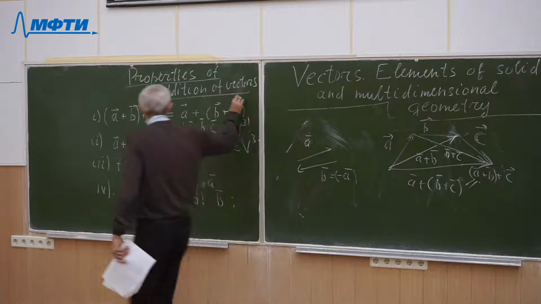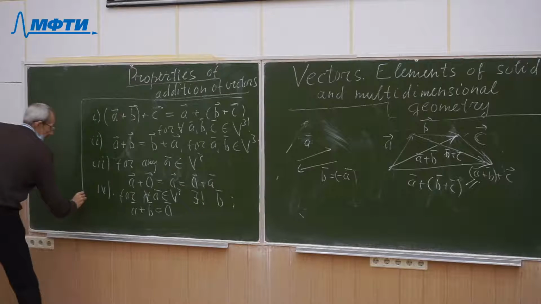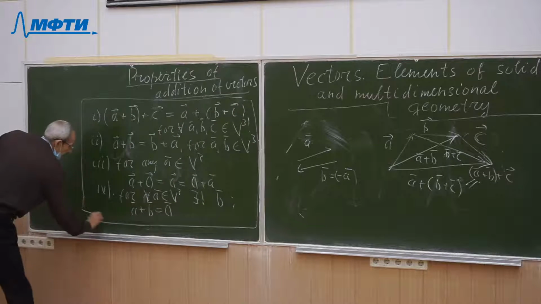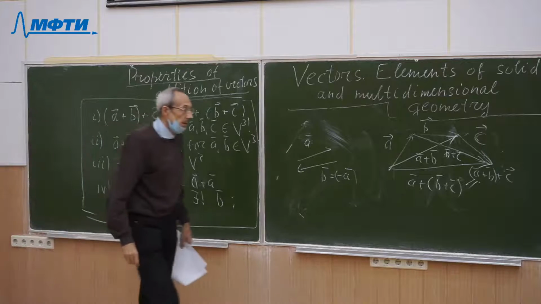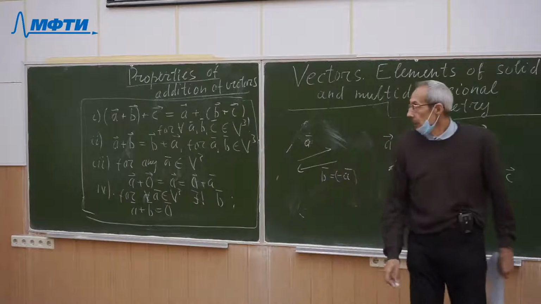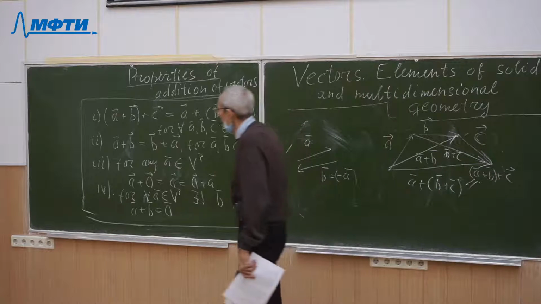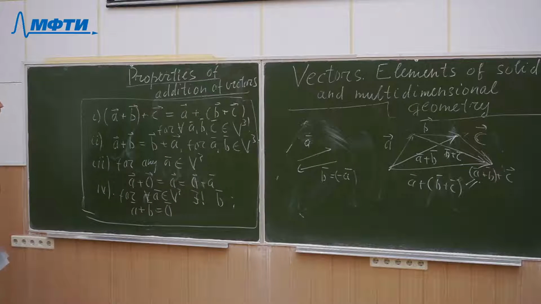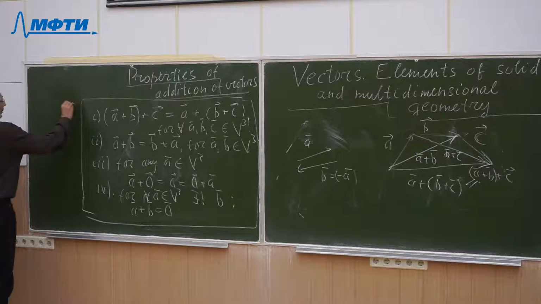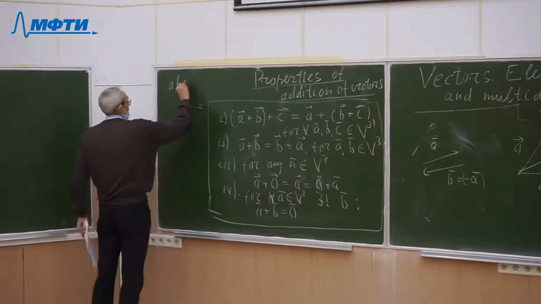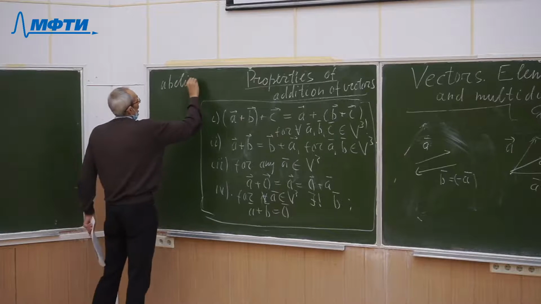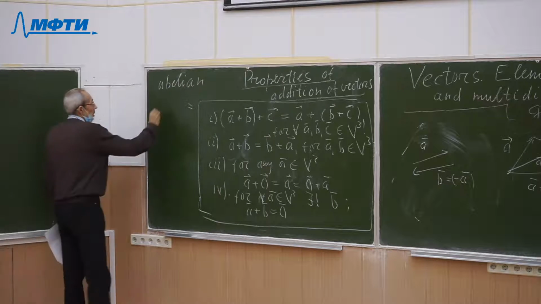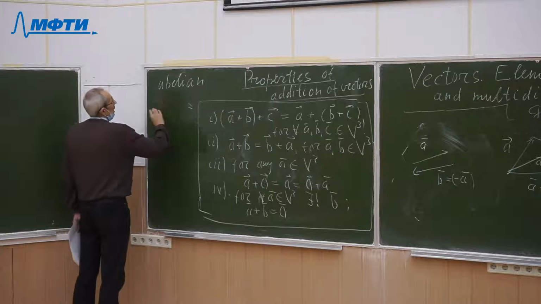Let's note that these properties denote that the vectors form a so-called abelian group. This is a definition of an algebraic structure which is called an abelian group.